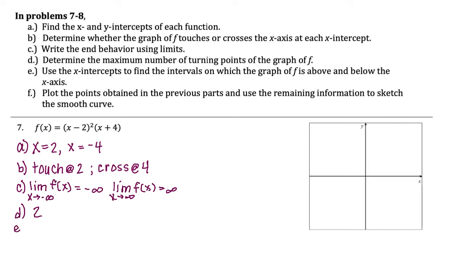Part E, use the x and y intercepts to find the intervals in which the graph is above or below. So for part E, f of x is above or positive over the intervals from -4 to 2, or from 2 to 0.